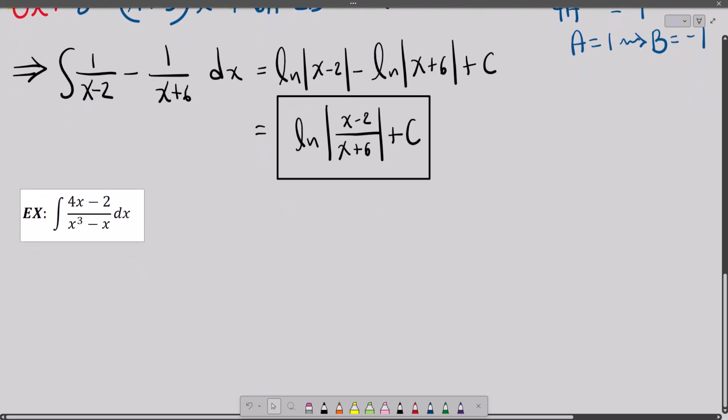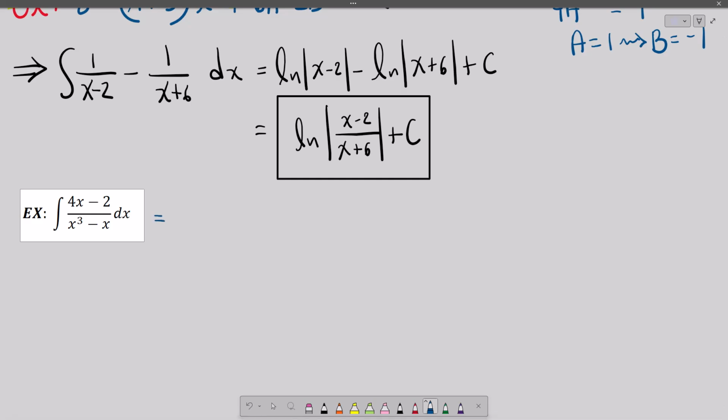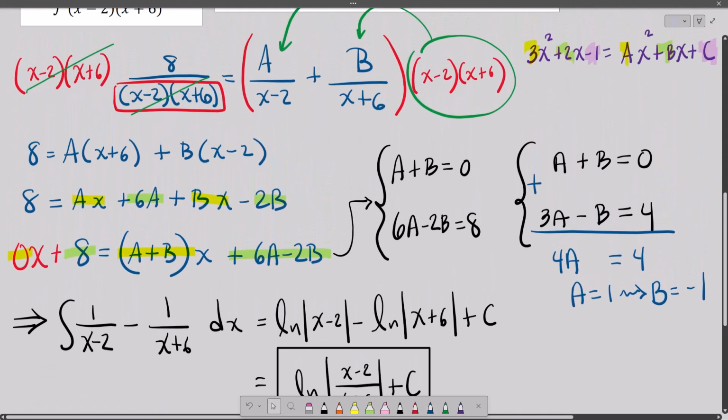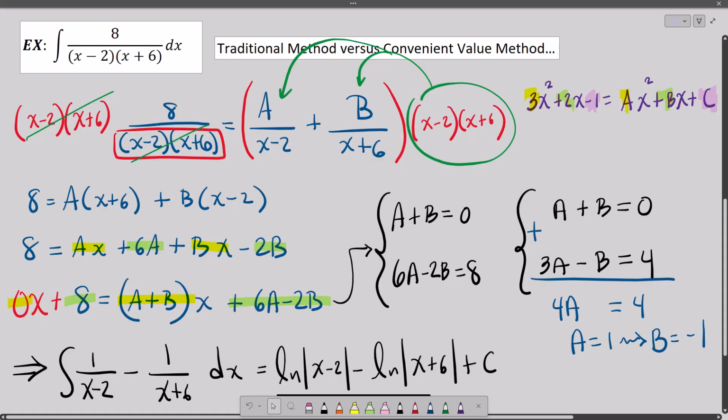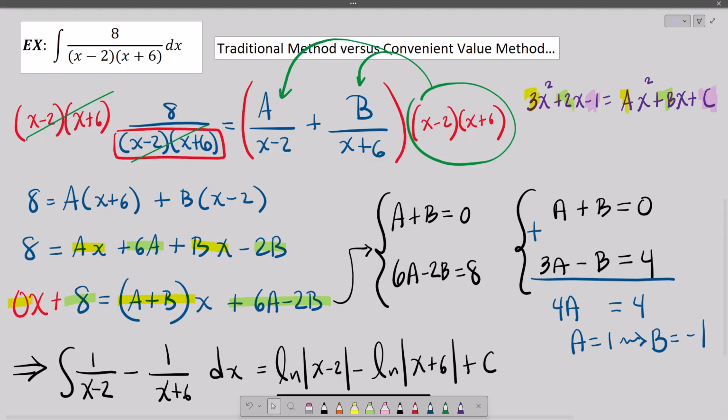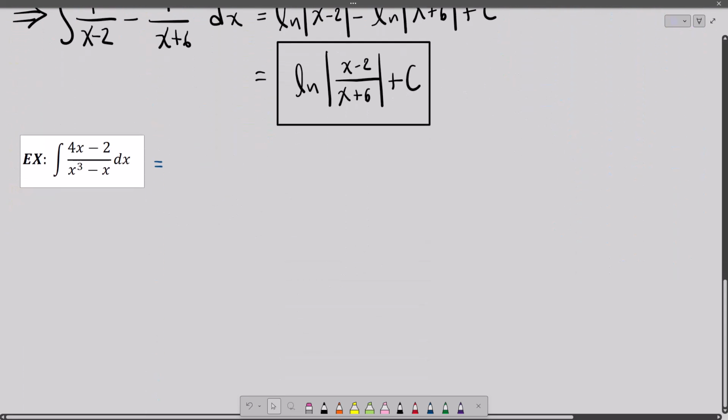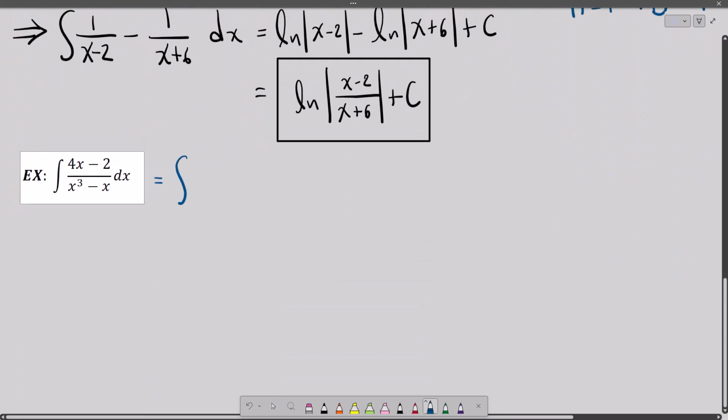Let's do another one. This one came with a factored denominator. So remember, we have to have a factored denominator to do PFD. Most of the time, it's not going to come with a factored denominator, and we have to do that work.